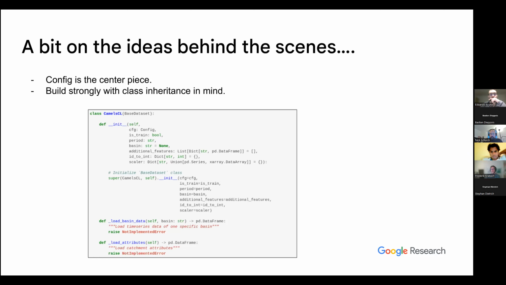So the only thing that you need to do is take this template file, which is also included in the library, and you need to implement two functions, like a load basin data function that reads the CSV file and outputs a data frame. There's a clear documentation here on what you need to do, and another function that loads catchment attributes, right?